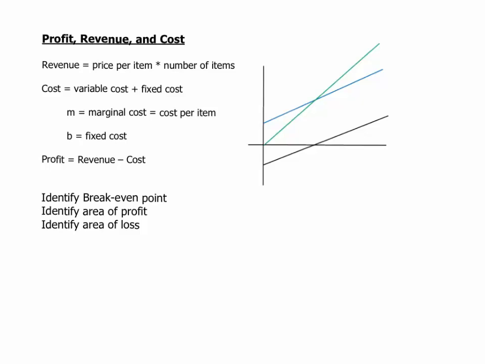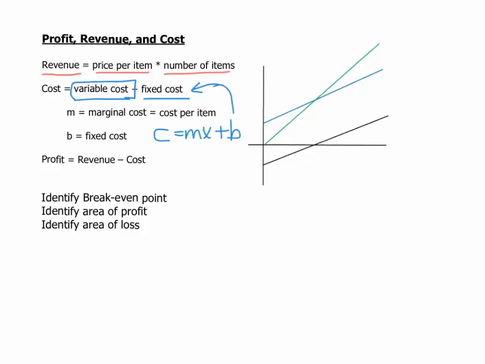So just as a review here for how profit, revenue, and cost work, revenue always equals the price per item times the number of items. Our cost we can think of as broken down into two parts. It's our variable cost plus our fixed cost. Remember, our fixed costs are just the number part. The variable cost, this is the part with the x. When we have a linear cost, we can think of it as c equals mx plus b.